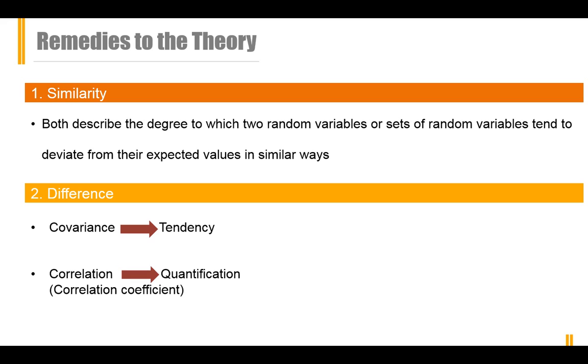As we mentioned in part 1, the magnitude of the covariance is not easy to interpret. Covariance can only show us what tendency these two variables have, but the correlation coefficient can not only show us the tendency, but also quantify the trend strength. The value of the correlation coefficient can show the strength. This is the difference between covariance and correlation.